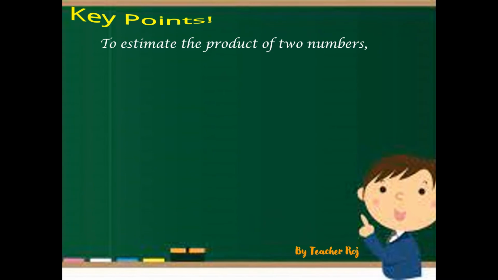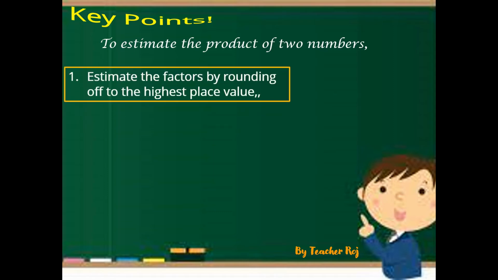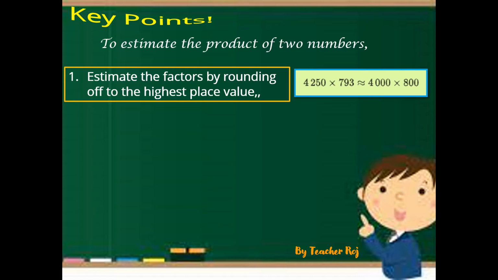Okay, so the core points to this topic, to estimate the product of two numbers, ito lang dapat natin tandaan para hindi tayo makalimot. Ang sabi dyan, estimate the factors by rounding off to the highest place value, which is nagawa natin. No? Example, 4,250 times 793.